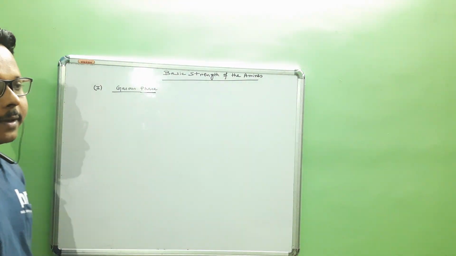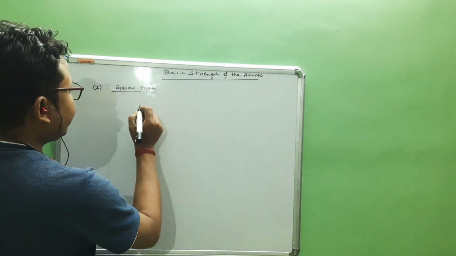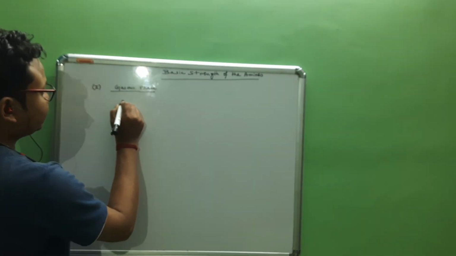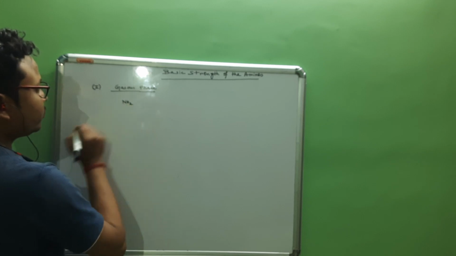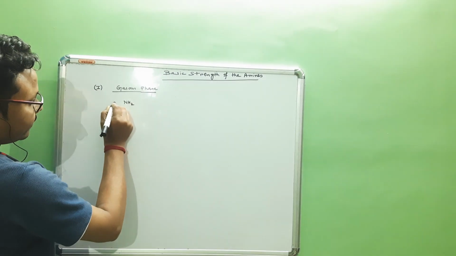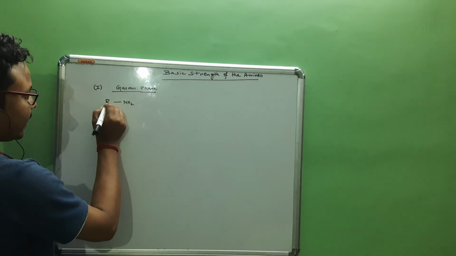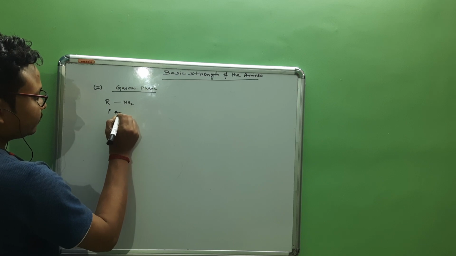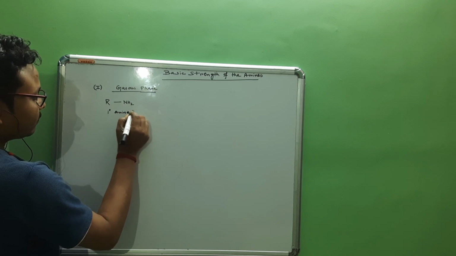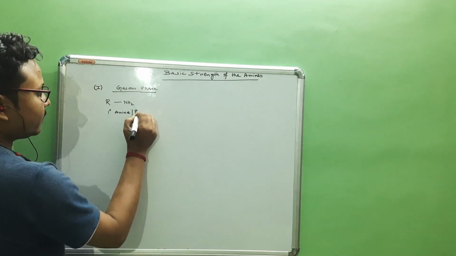So, in gaseous phase, the amines are basically three types. This is the functional group of NH2 amines. If it is connected to one alkyl group, this is called 1-degree amine or primary amine.